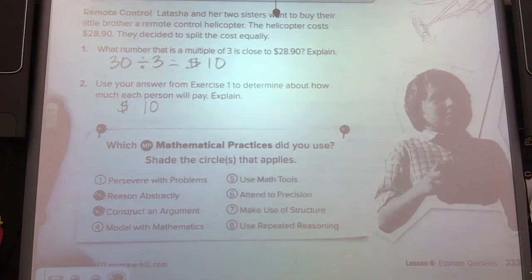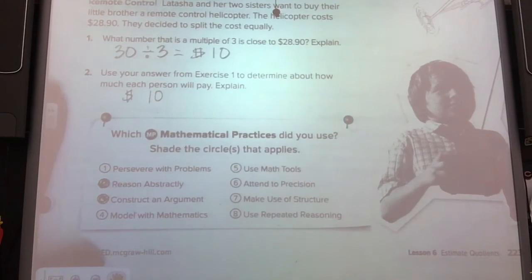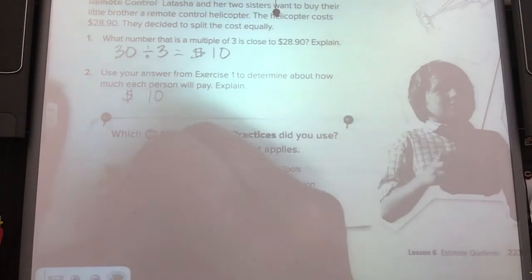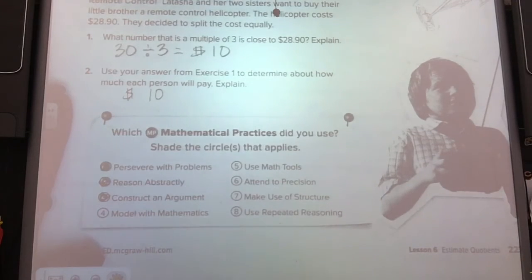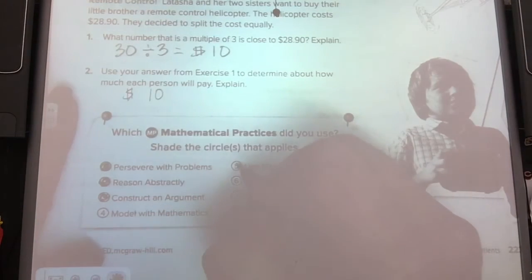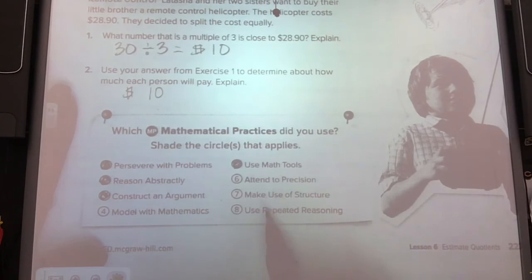So you could almost argue with your sisters that that is a fair, equitable amount for you guys to split the cost of that helicopter. We're always persevering with problems because we're working them out and not giving up. We didn't really model here, but we did use our mathematical tools of estimating and dividing. Precision, not so much, because when you estimate, it's not a precise answer. We didn't really use a lot of structure or repeated reasoning.